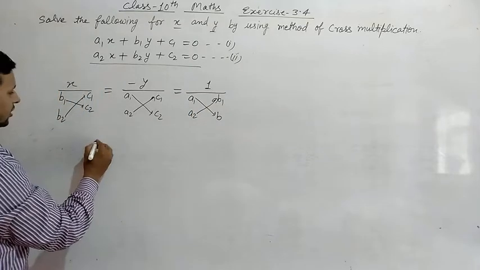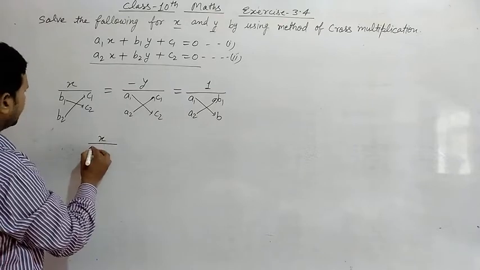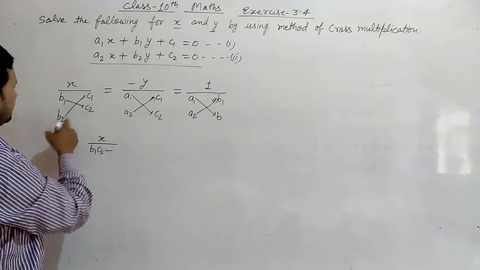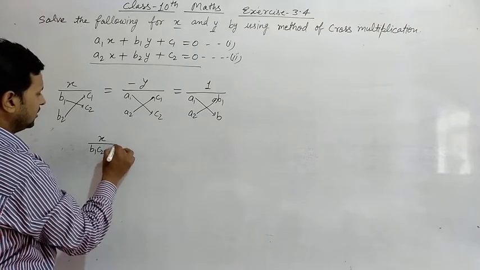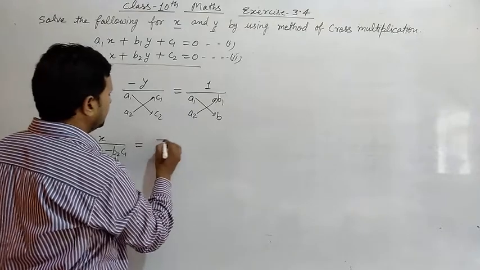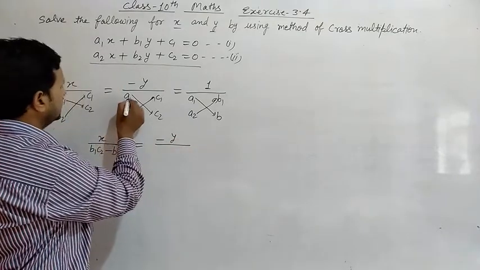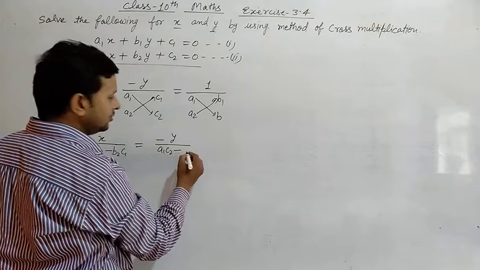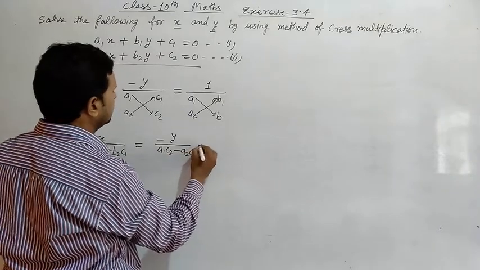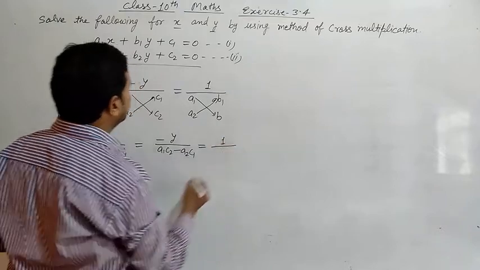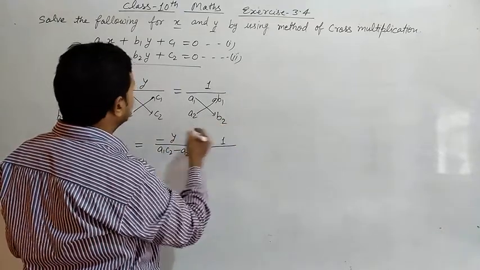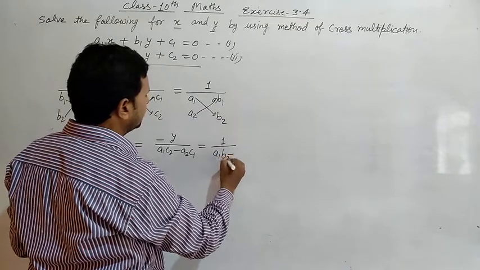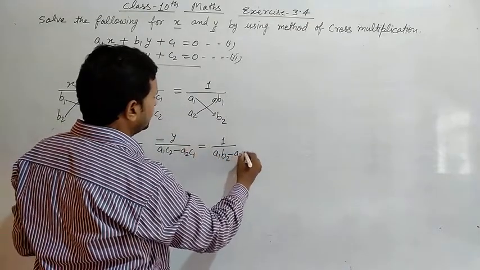So we get the formula: x upon b1 c2 minus b2 c1, is equal to minus y upon a1 c2 minus a2 c1, is equal to 1 upon a1 b2 minus a2 b1.